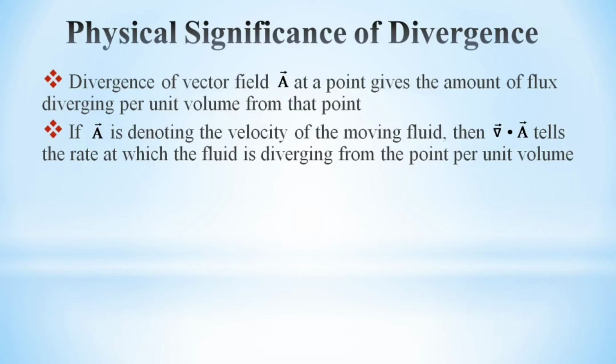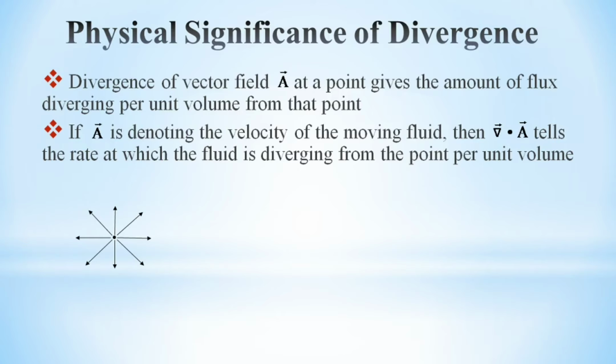That means divergence of a vector field A at a certain point represents the amount of flux going out of that point per unit volume.